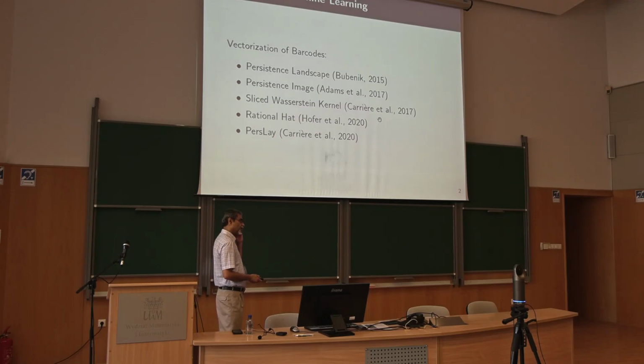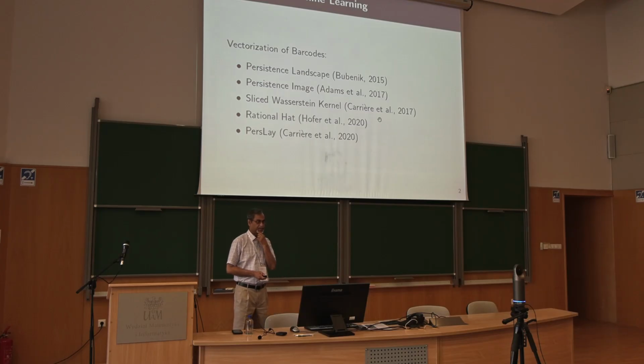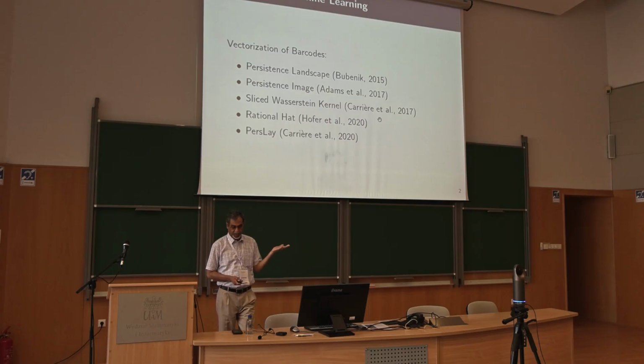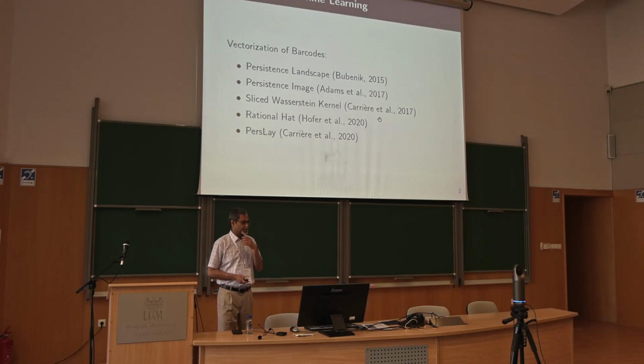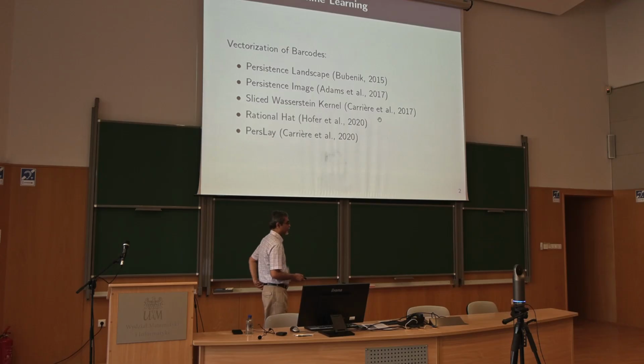One of the main goals in data analysis through machine learning is, if we are using barcodes, vectorization of the barcode, because this pipeline works on vectors. So how do you vectorize the barcodes? Quite a few techniques have already been proposed.